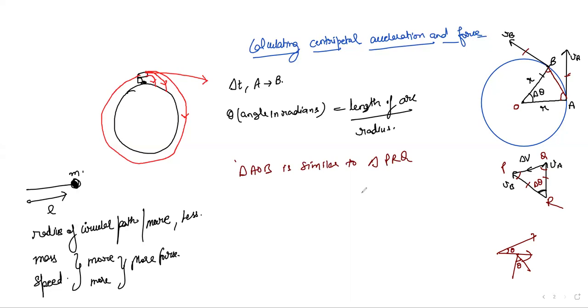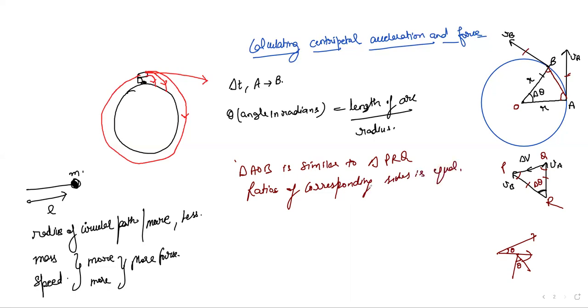Similarity we have done in IGCSE: if all three angles are equal, it is the same. Now, if triangles are similar, then the ratio of their corresponding sides is also equal. In similar triangles, the ratio of corresponding sides is equal. Is it fine?